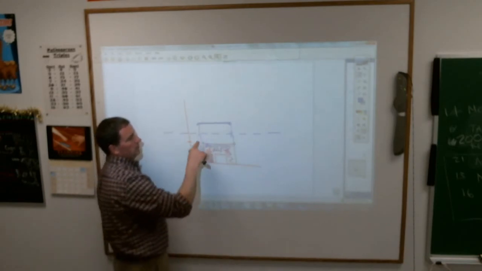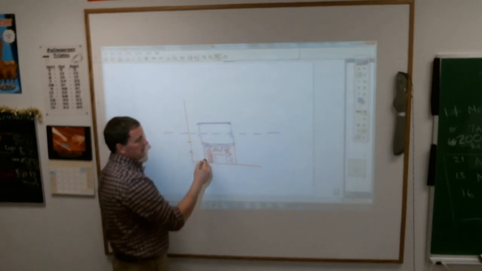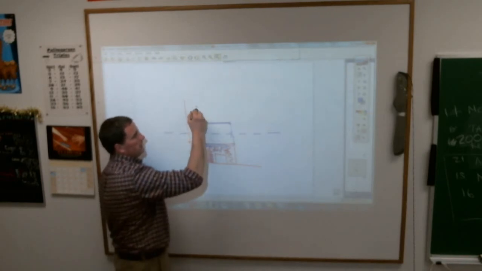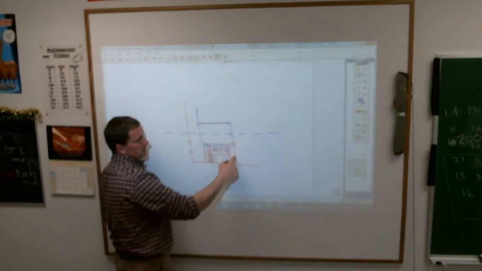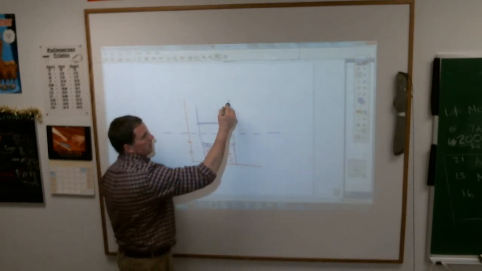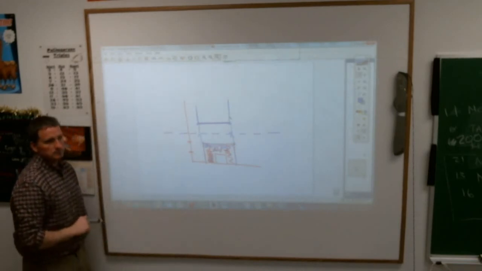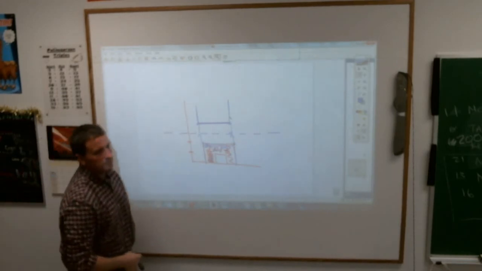And then from here up, how high is that going to be? It's going to be the same distance, 1, 2 high. It's kind of the opposite: this goes down 2 right there, so this is going to go up 2 right there. What's the rest of it going to look like? Isabel?